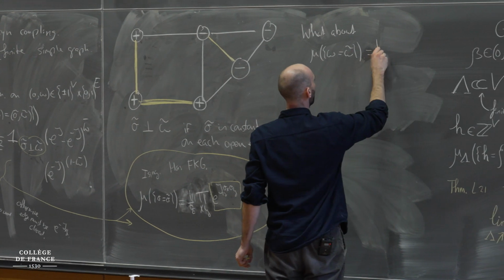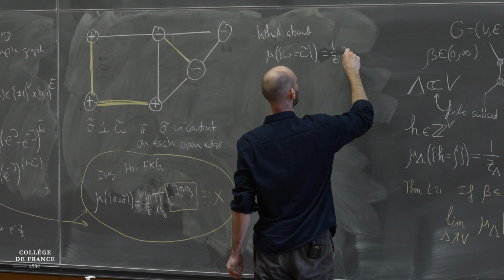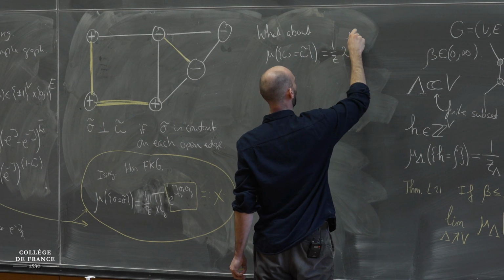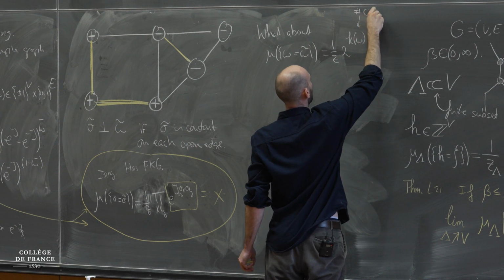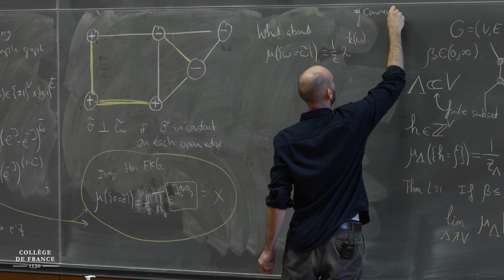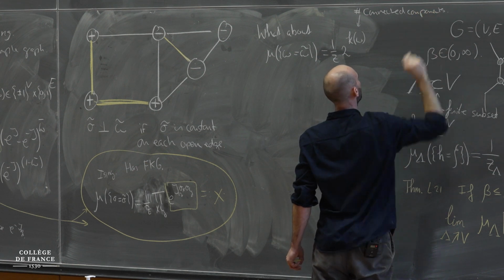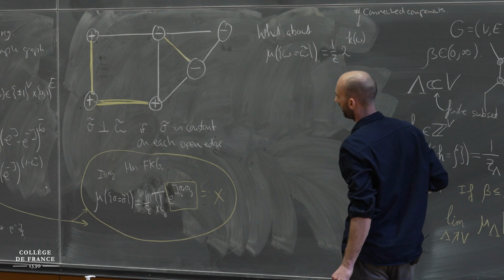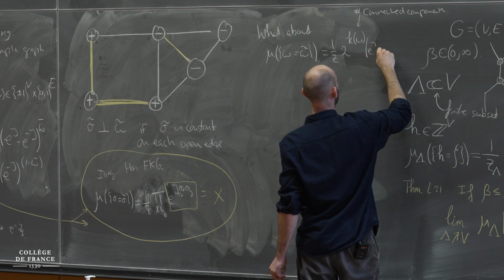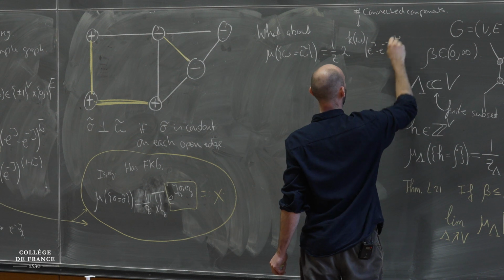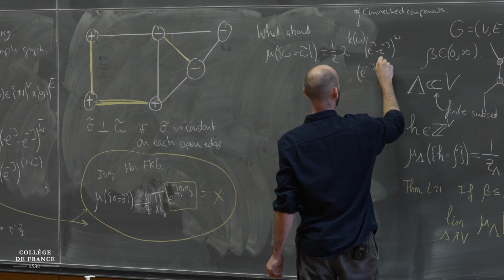So this is equal to 1 over z times the number of configurations, but this is just 2 to the power k of omega, and this is the number of connected components. And then we have the same factor as before: e to the j minus e to the minus j to the power omega, times e to the minus j to the power 1 minus omega.